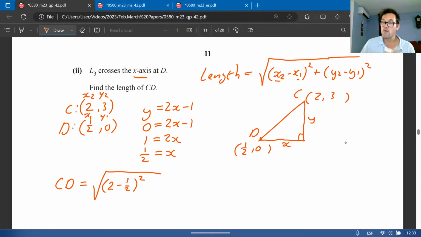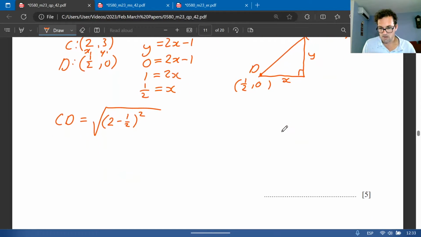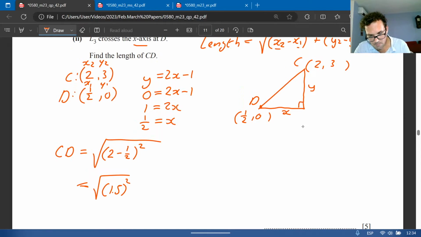If you do it the other way around, you'll get a negative number, which doesn't matter because if you square a negative number, you get the same thing. Meaning 1.5, if you excuse me for swapping now to decimals, 1.5 squared is the same as minus 1.5 squared. Okay? And then we do y2, which is 3.